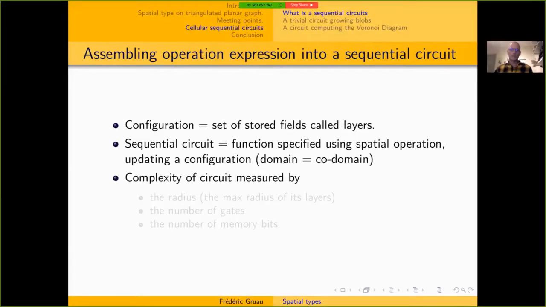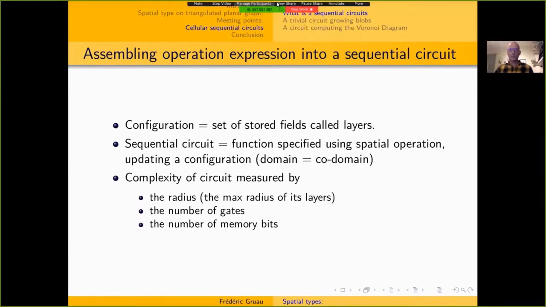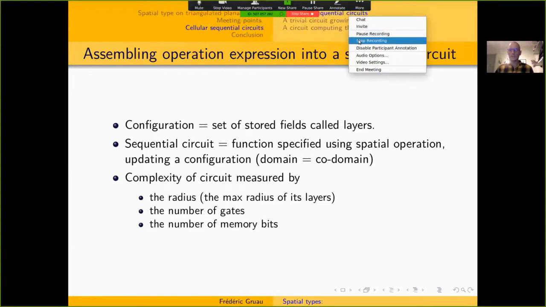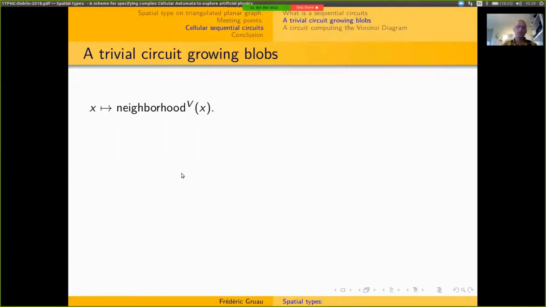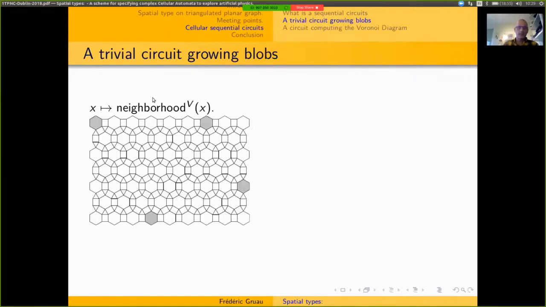The complexity of a circuit is measured by the radius, the total number of gates, and the number of memory bits. Our first example is a very simple circuit, which uses a bool vertex layer, 1 bit, and replaces it by the neighborhood. So we have blobs which grow until they fill the whole space.